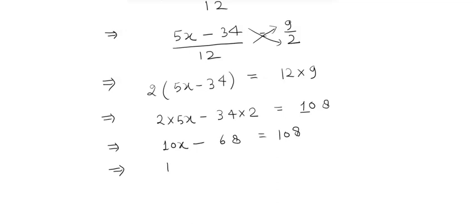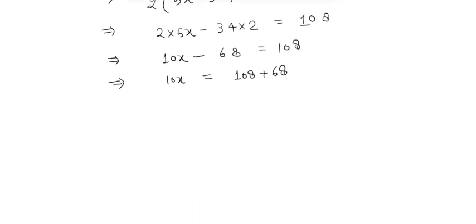It implies 10x, transfer minus 68 to the right side, so we will get 108 plus 68. Now 10x is equal to, you add: 8 and 8 is 16, 6 and 1 is 7, and 1, so 176.